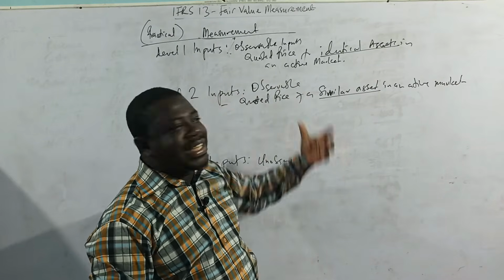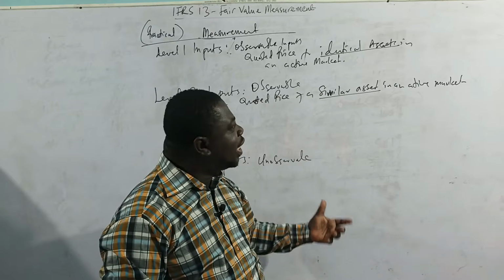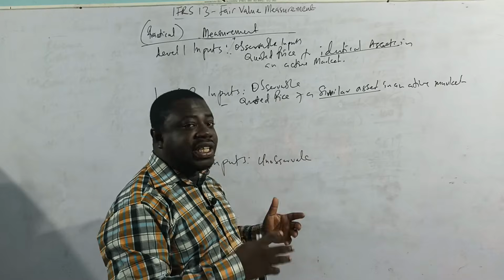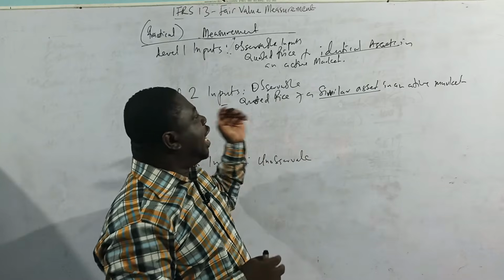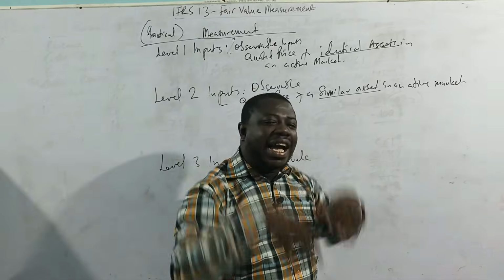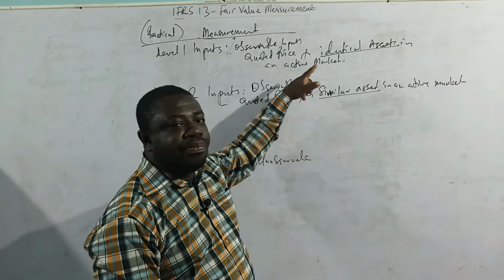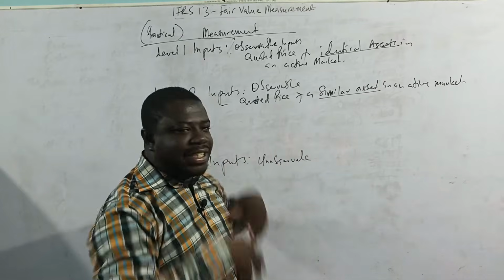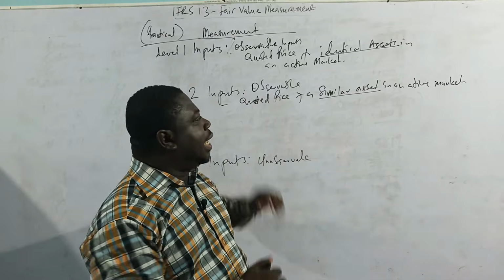So when the assets are identical and the prices are quoted, please, when you are reading the question, you need to be very careful because we are going to use this to advise the company. Now, if the quoted price of the identical asset is in an active market, it's a level 1 input. If it is in an inactive or a less active market, it comes to level 2.